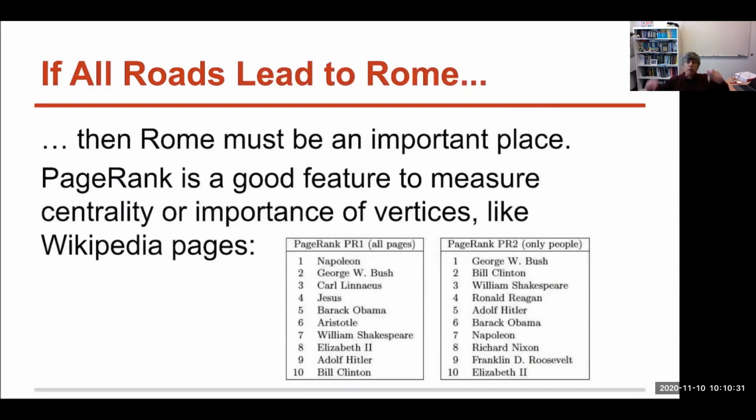The net result is that this gives us a good way to quantify the importance of each vertex to the network. And PageRank is a very valuable single feature of a network, if I have to have a one-dimensional value of a graph.